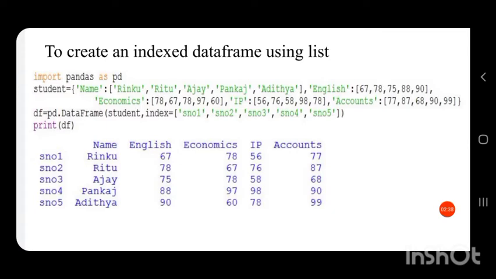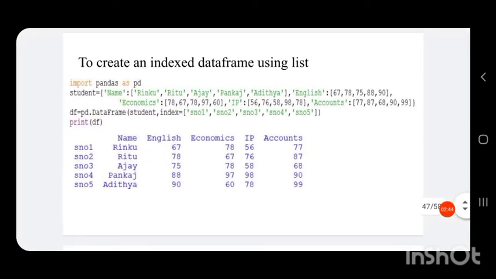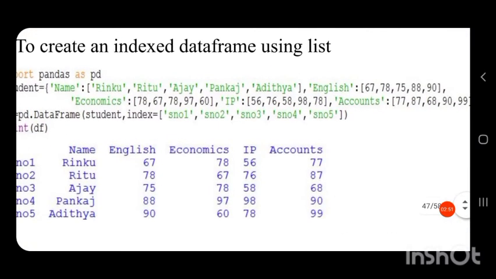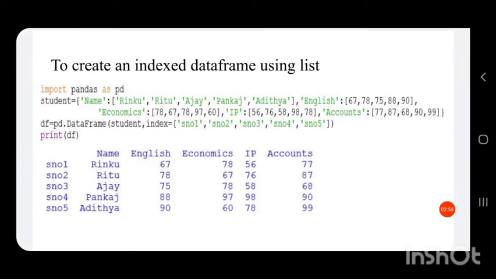So when we execute and print this data frame, you can see that the row indices are now replaced with the values we have given in the index parameter. A list containing the names for rows is given in the index parameter of the data frame function.